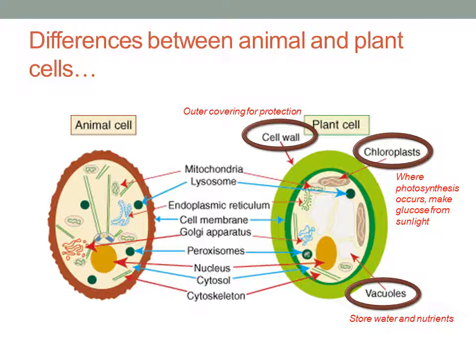For example, we have the cell wall, which is the outer covering for protection. We have the chloroplast, where photosynthesis occurs, and we have vacuoles, where plants store water and nutrients. So these three things are unique about plant cells and really help plant cells perform their function of retaining water, making glucose, and making sure that their cells are protected.